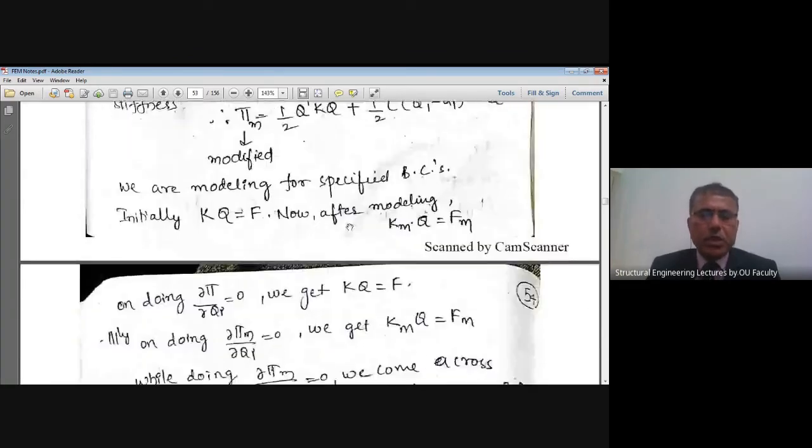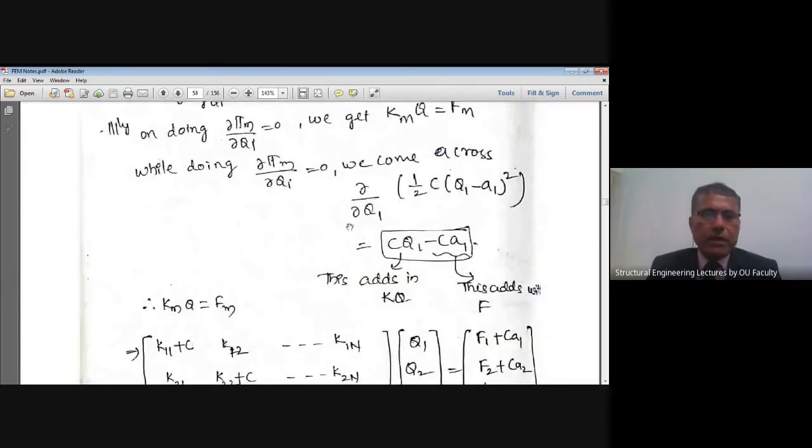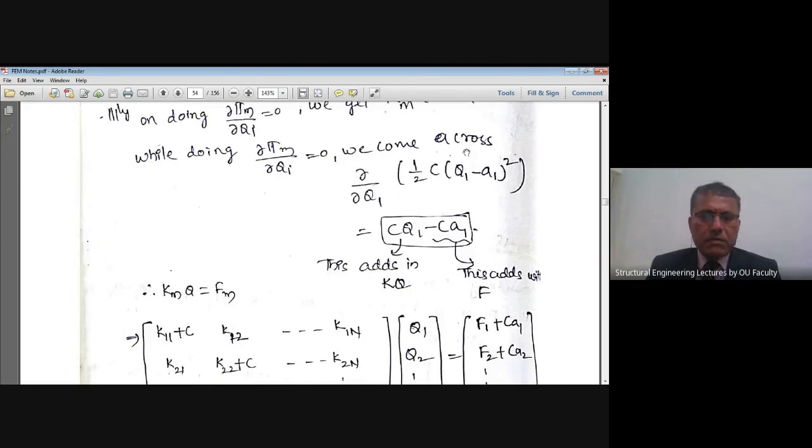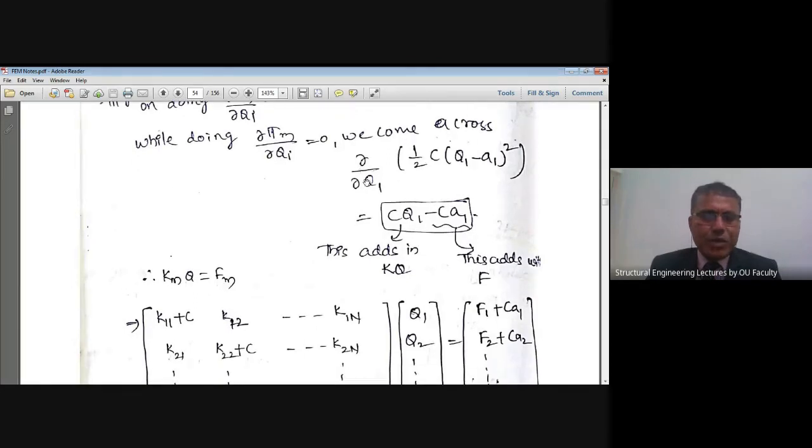We'll see that it's a numeric value also, right? Then once I do this dou pi m divided by dou qi is equal to 0, we'll also come across this term dou by dou q1, because q1 is equal to p1, specified as a1, the differentiation of this strain energy because of relative displacement, half C into q1 minus a1 whole square.